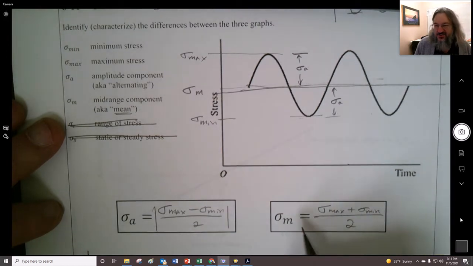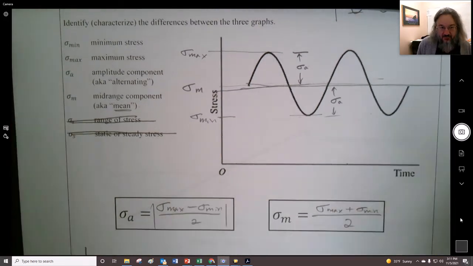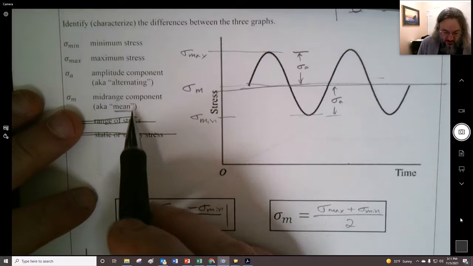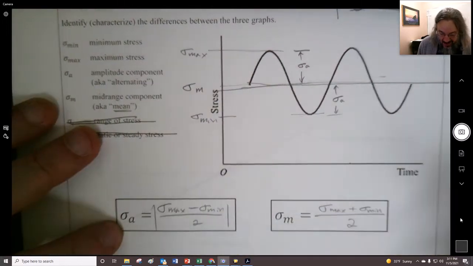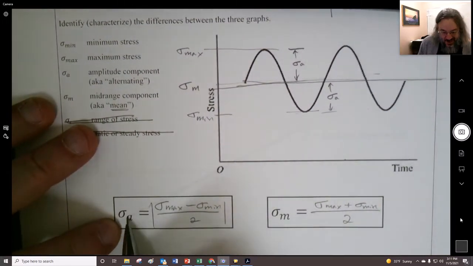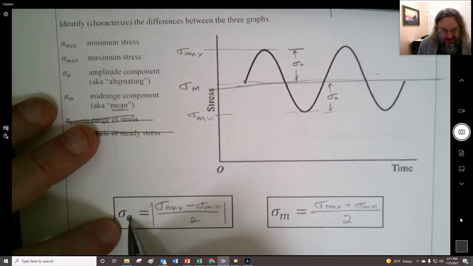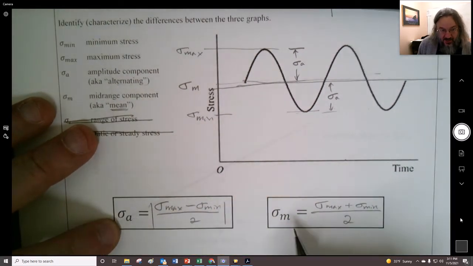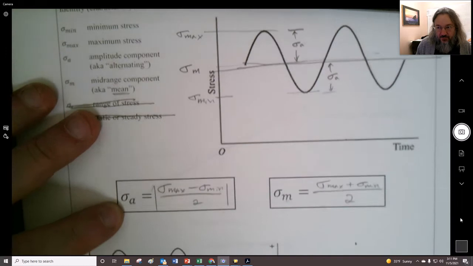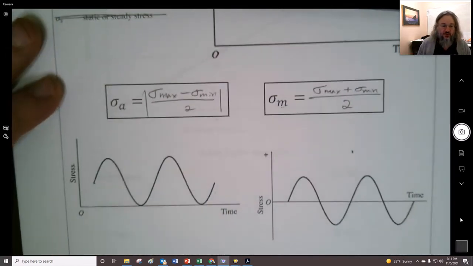You've got to be careful not to use the subscript A for average, because that A might confuse us. Just the A, you could think of as the amplitude or as the alternating. I tend to go with alternating, and the other could be either the mid-range or the mean. I'd usually say mid-range. That's just the words I tend to use.